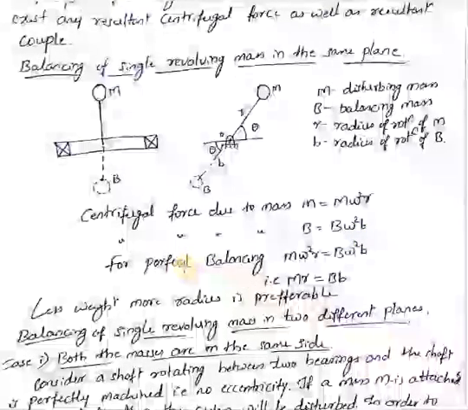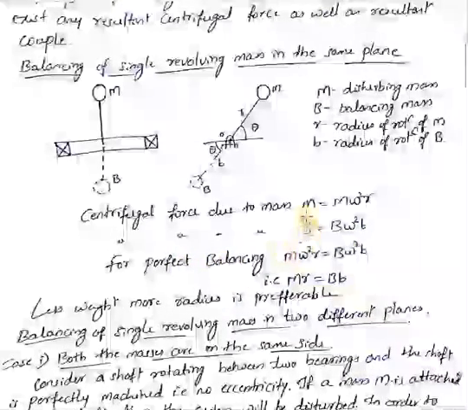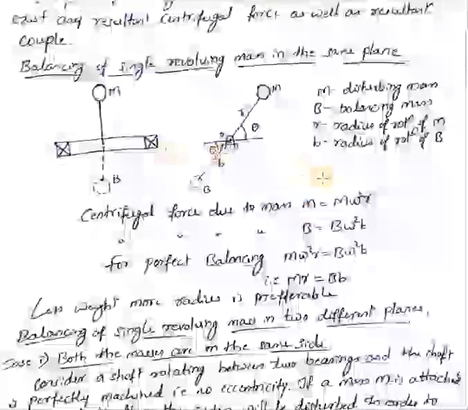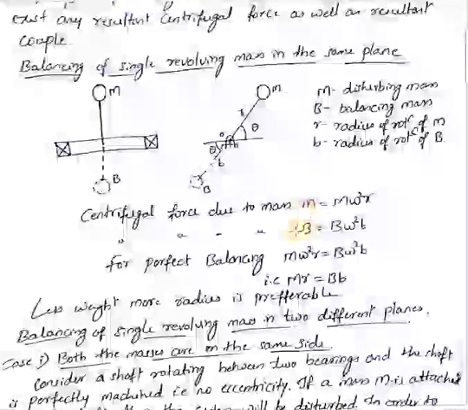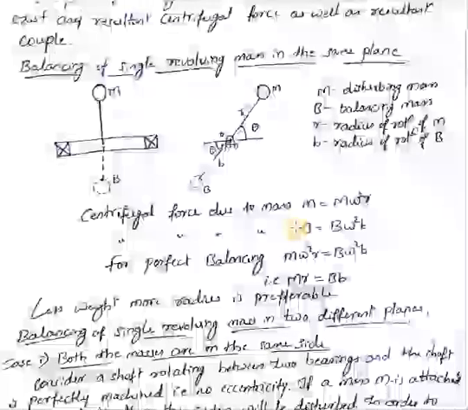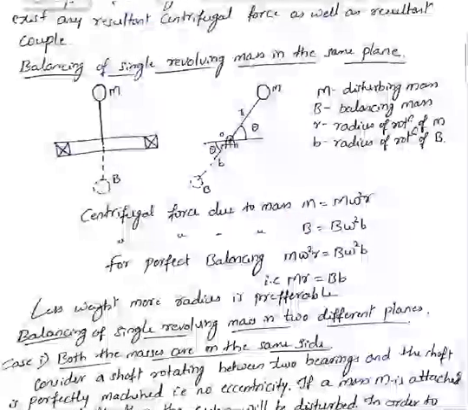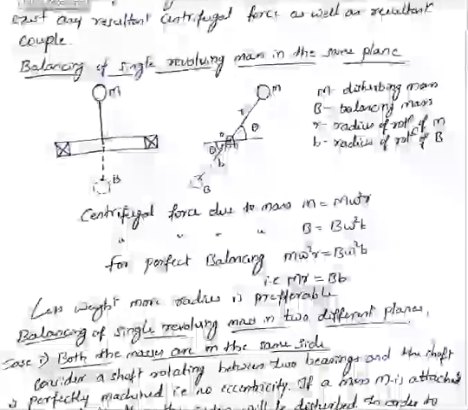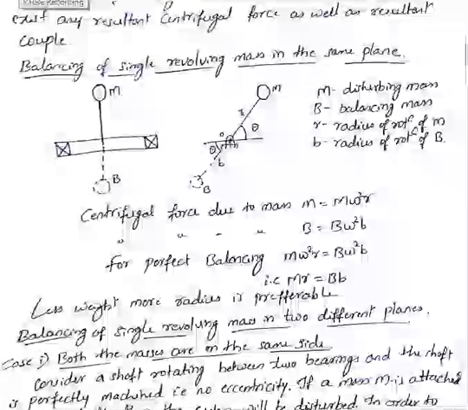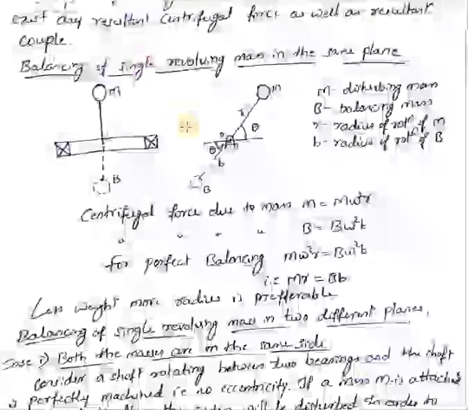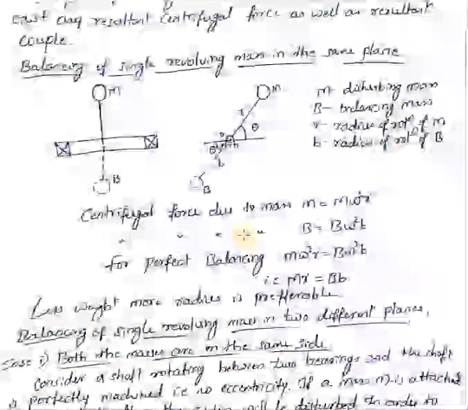For perfect balancing, the magnitudes of these forces should be equal and their directions should be opposite.